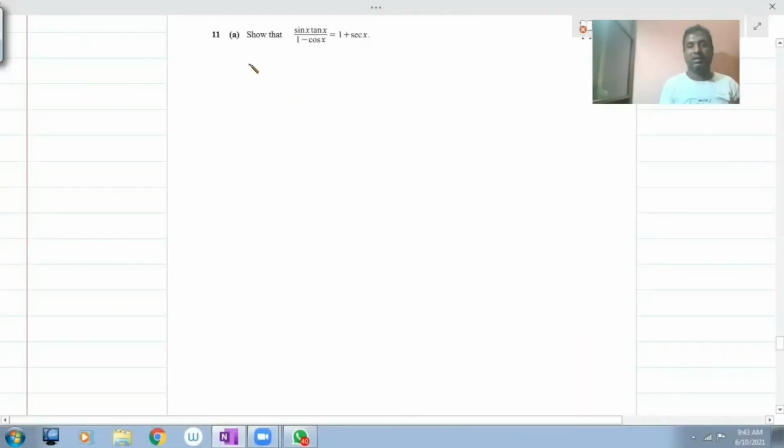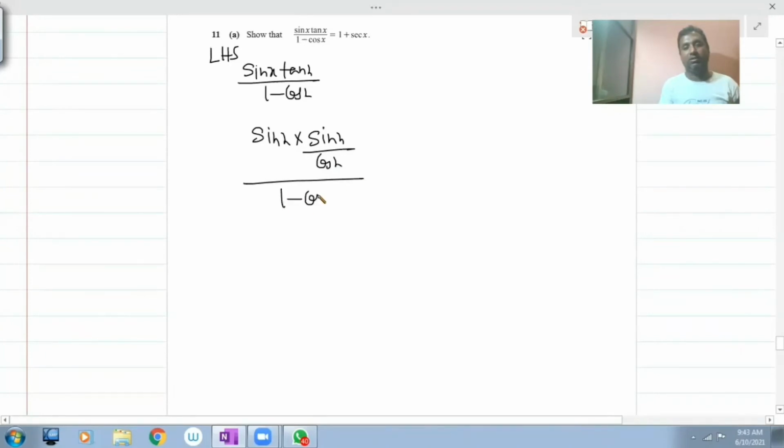Let us try sin x tan x over 1 minus cos x. This is the left hand side. Now let us write sin x times sin x by cos x, and this is over 1 minus cos x.